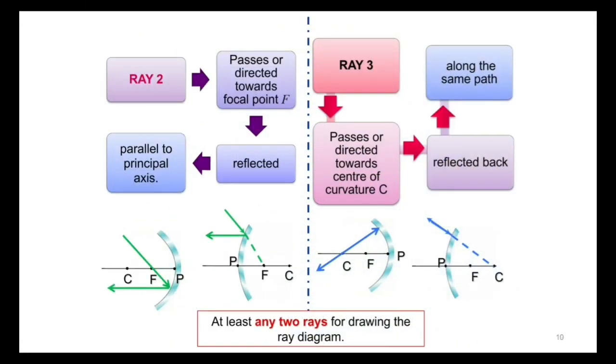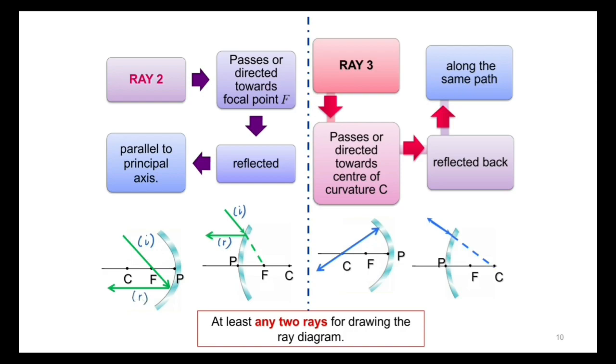In the second method, we draw incident ray passing through point F for concave mirror but directed toward point F for convex mirror. And after that, the ray will be reflected parallel to the principal axis.